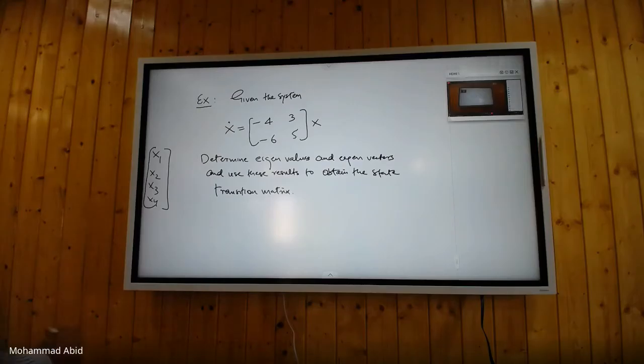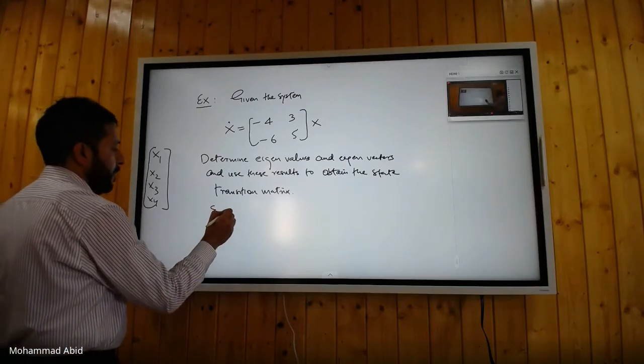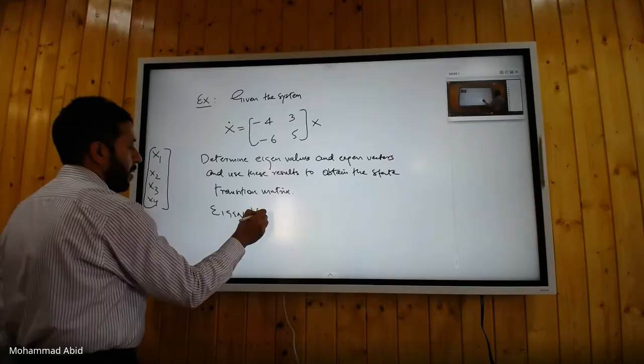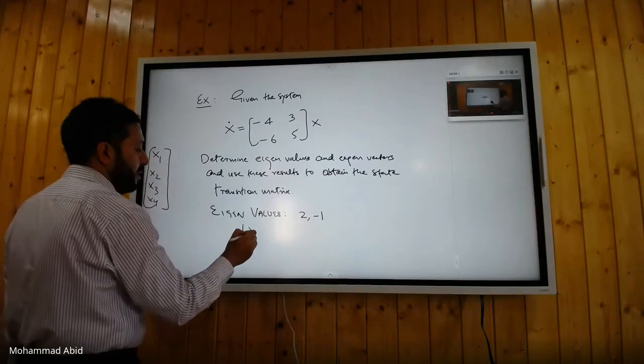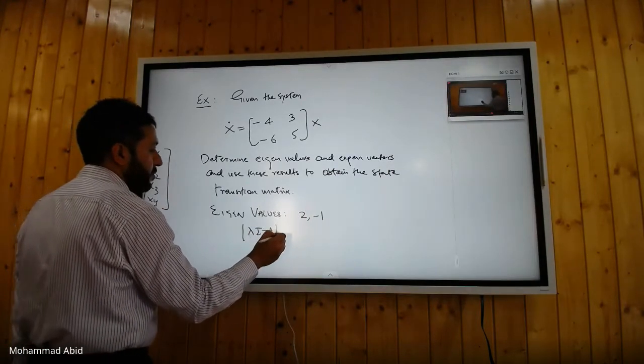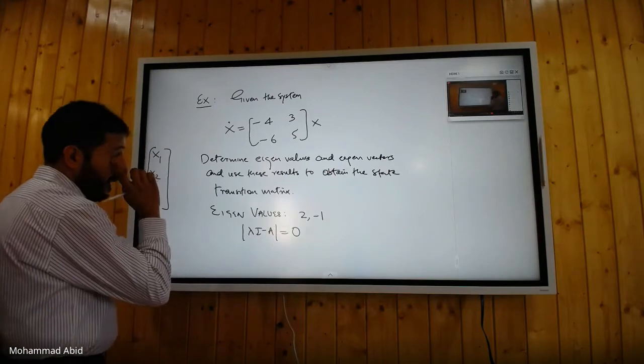Sir, 2 and minus 1. Somebody else will confirm. 2 and minus 1, sir. So basically you solve this equation: determinant of lambda I minus A equal to 0. Now get me the eigenvectors.